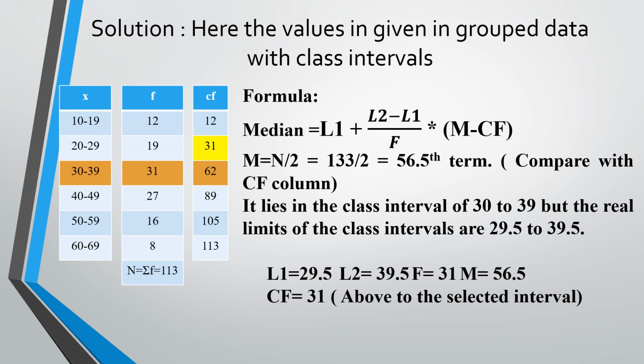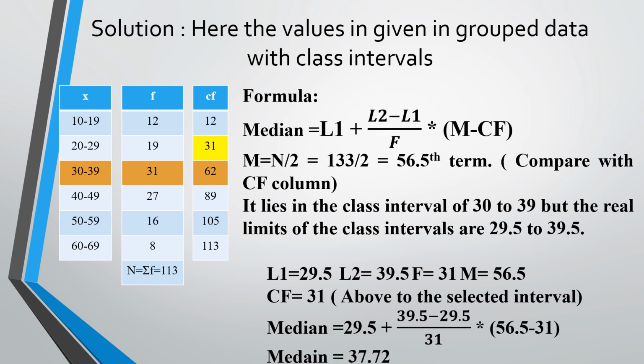And next, now calculate the median by substituting these values in the formula. This median is equal to 29.5 plus (39.5 minus 29.5) divided by 31 into (56.5 minus 31). Upon simplification, this will give the median value as 37.72.